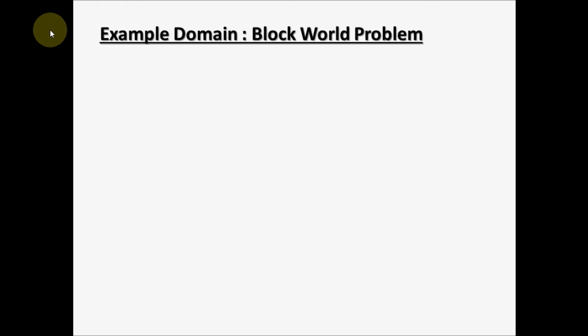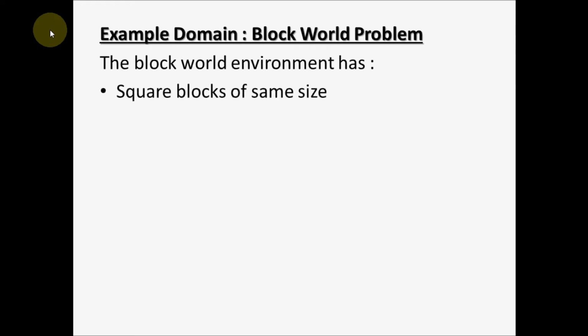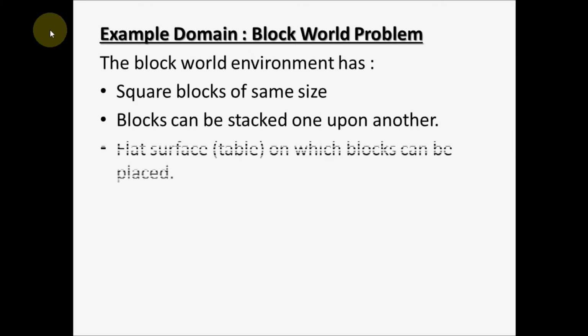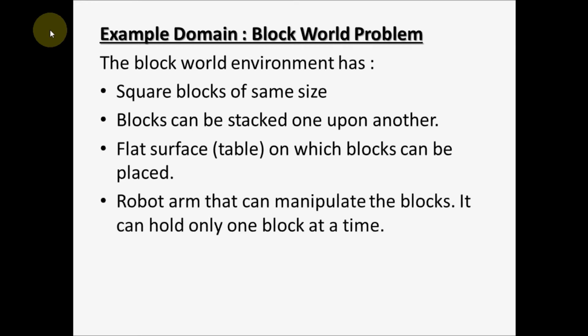To be specific, the block world environment has square blocks of the same size. Blocks can be stacked one upon another. There's a flat surface, you can consider a table, on which the blocks can be placed. There is a robotic arm that can manipulate the blocks. It can hold only one block at a time.